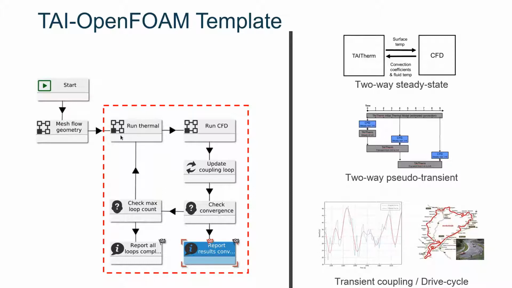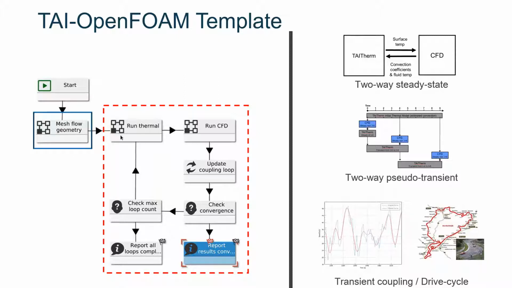To analyze such things, or any drive cycle scenarios like WLTPs or stop and go scenarios, or braking, or battery charging and discharging, or any kind of real-time transient cycles, there is a template to capture all this physics, and it is incorporated into the CoTherm canvas.